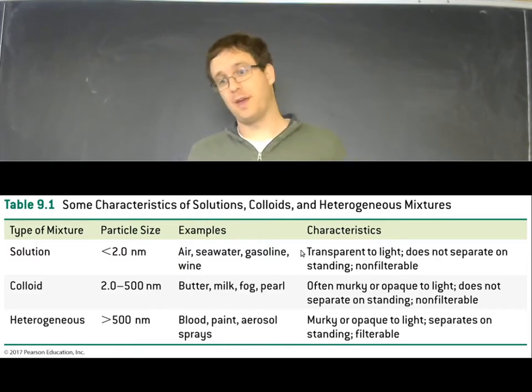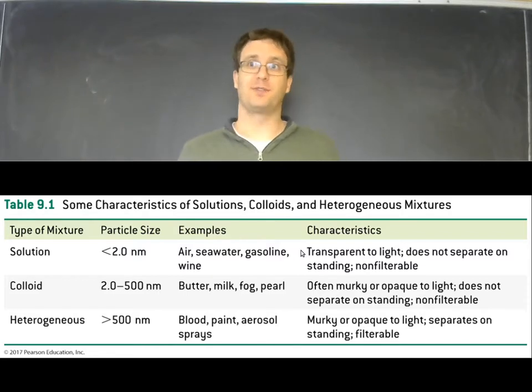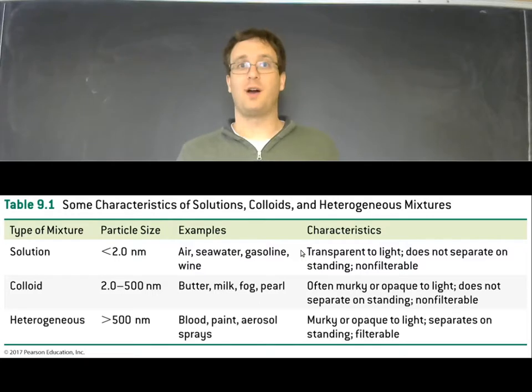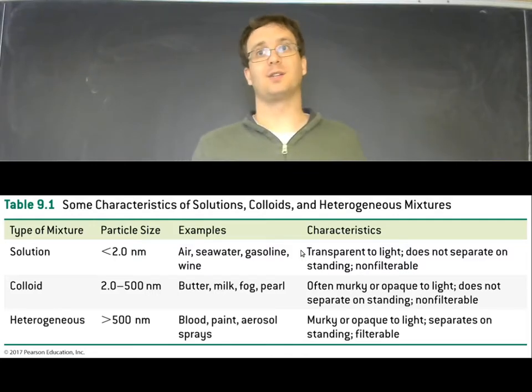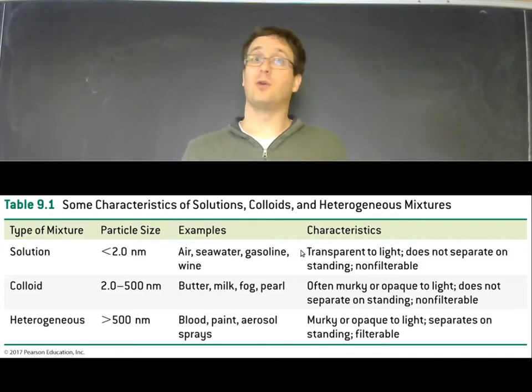For example, the air around us is a solution because it's a mixture of different gas particles. There's nitrogen and oxygen, carbon dioxide, water vapor, and lots of other trace things, and they're all mixed together homogeneously. And then metal alloys are solutions as well.